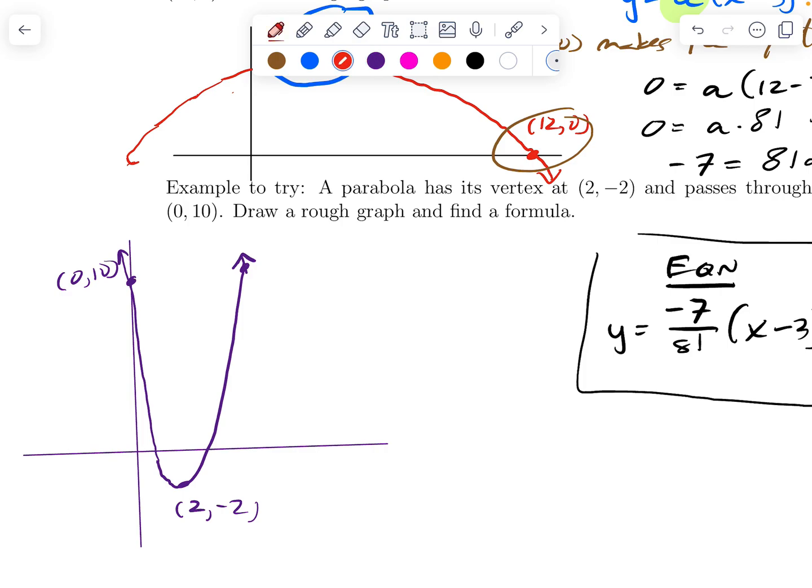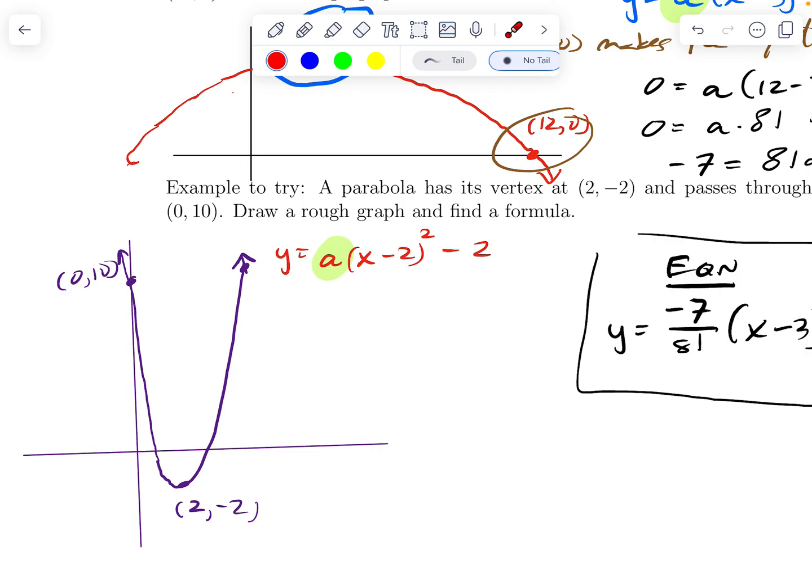What do we know? We know it's been shifted 2 units to the right and 2 units down. So it has a pattern like this. I don't know what A is, so I will just write the letter A. But I definitely know that this part is (x minus 2) squared because of where the vertex is, and this part is negative 2 because of the y-coordinate of the vertex.